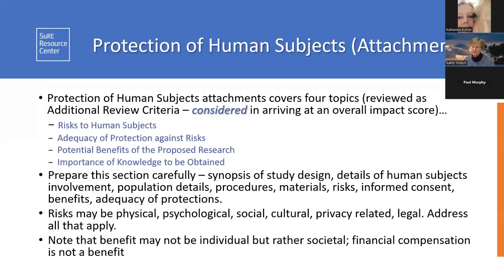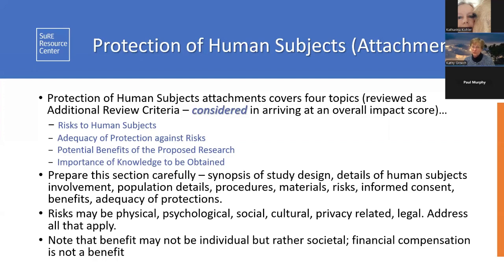So you really want to be careful and conscientious about the way you prepare this section. It covers things like synopsis of study design, details of human subjects involvement, population details, procedures, materials, risks, informed consent, benefits, adequacy of protection. So you really see how detailed this is. You're going to want to spend a fair amount of time on this.